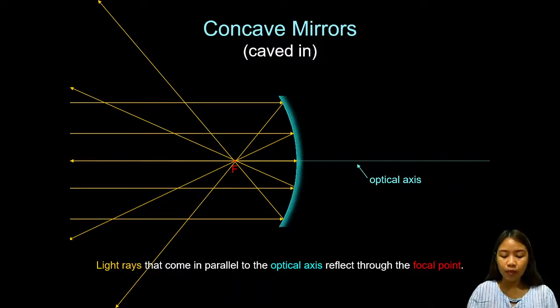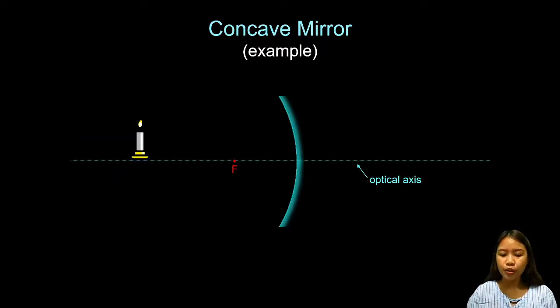Okay. Now, what if may mga object nga ibutang sa tubangan sang concave mirror? Paano ko na siya ma-determine kung ano ang matabo sa light rays? Okay. So, here it is. We have there the candle and we have here the concave mirror. Okay?